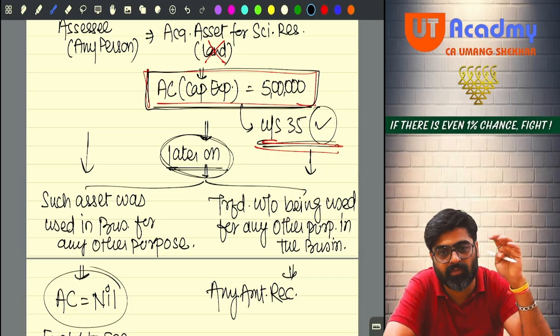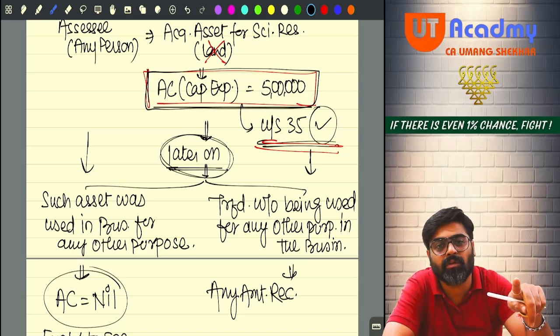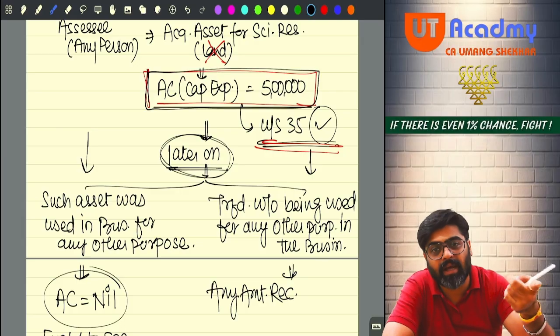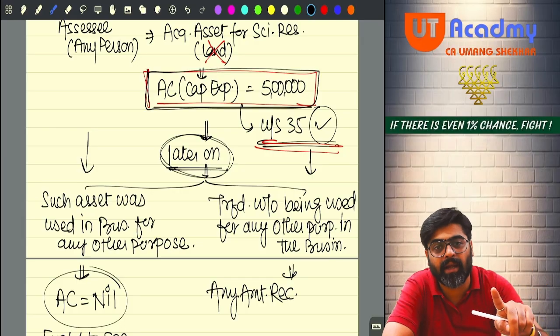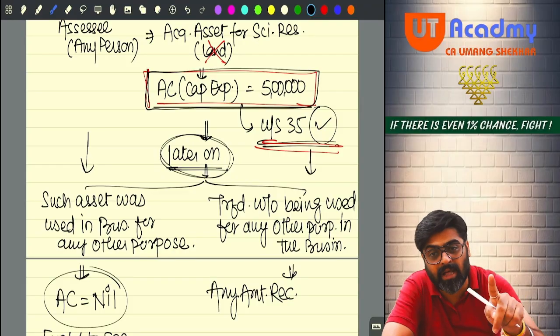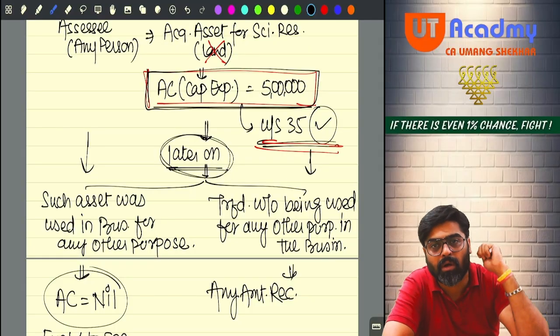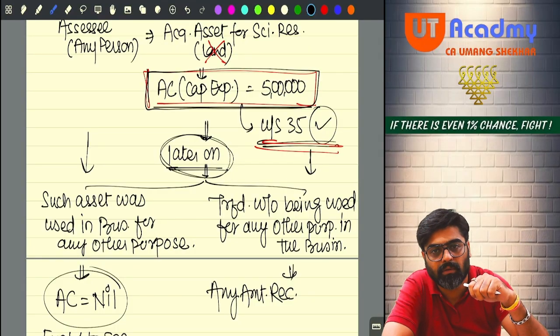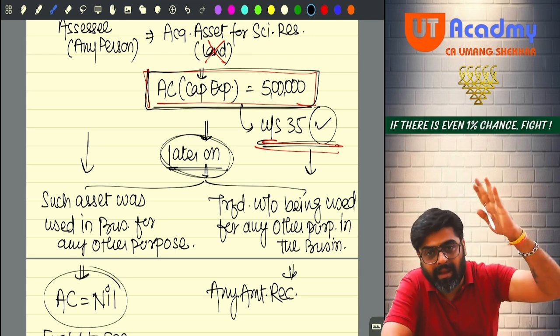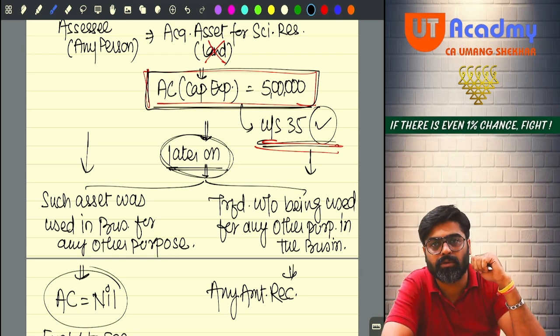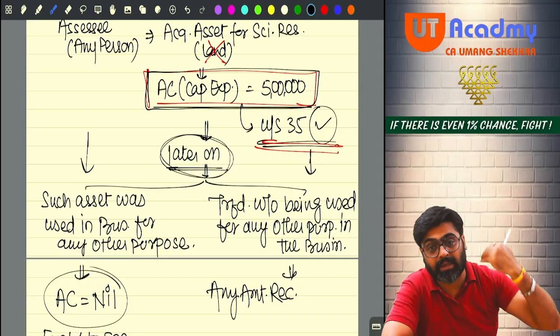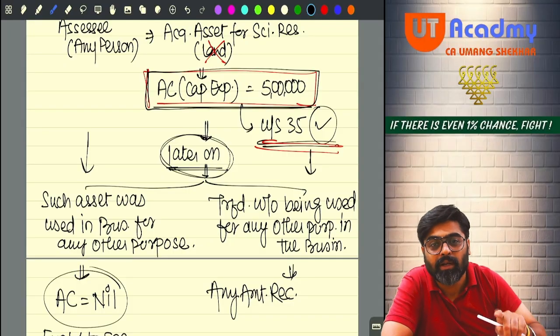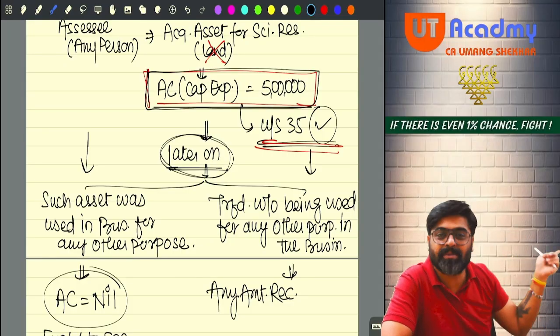So the entire cost of the asset was claimed as a deduction under the PGBP head, meaning that entire 5 lakhs cost was allowed as a deduction from PGBP income. 5 lakh rupees of PGBP income got reduced, no? When you took the deduction of that 5 lakhs, that time 5 lakh rupees of PGBP income got reduced. Now against that 5 lakh, whatever recovery you make, that recovery should increase your PGBP income.